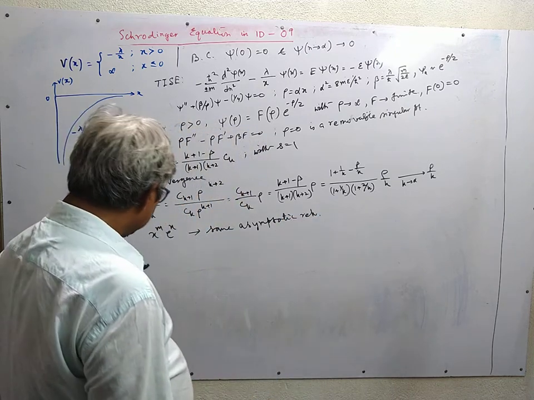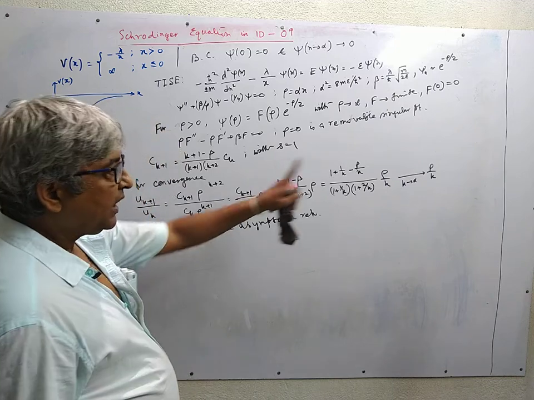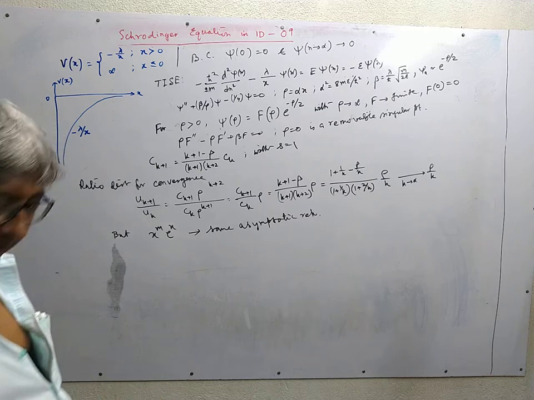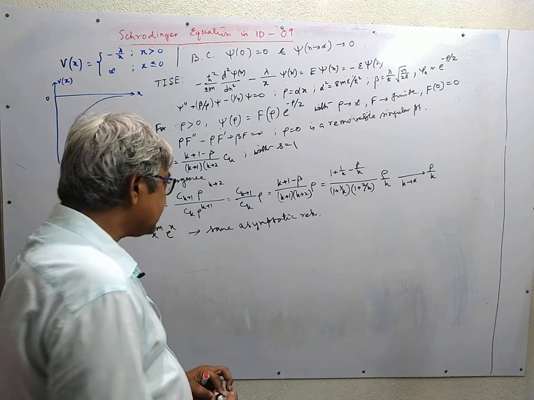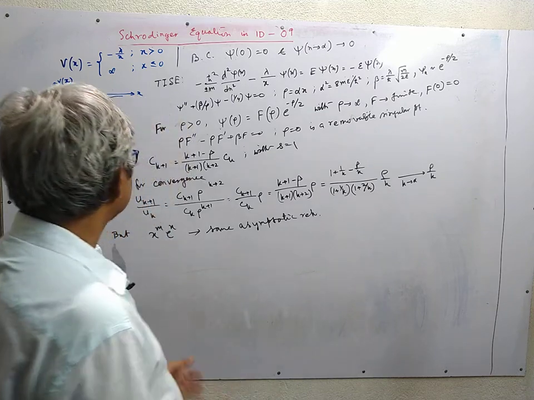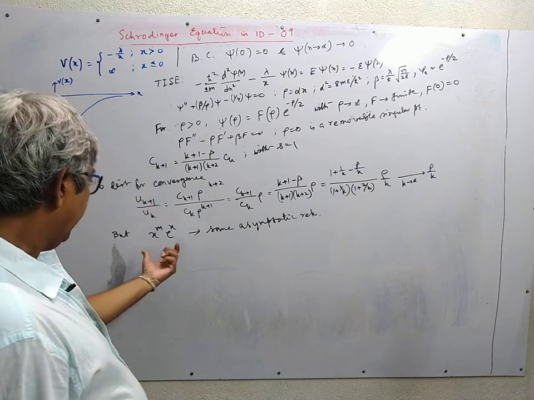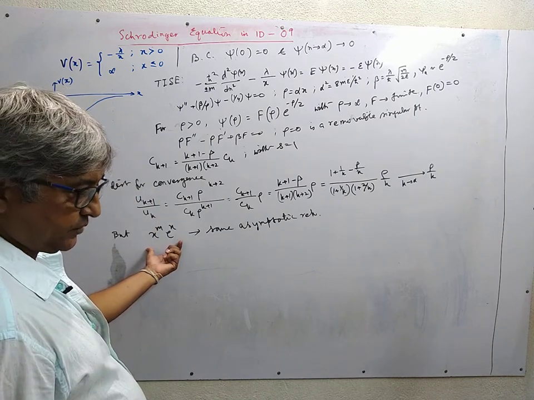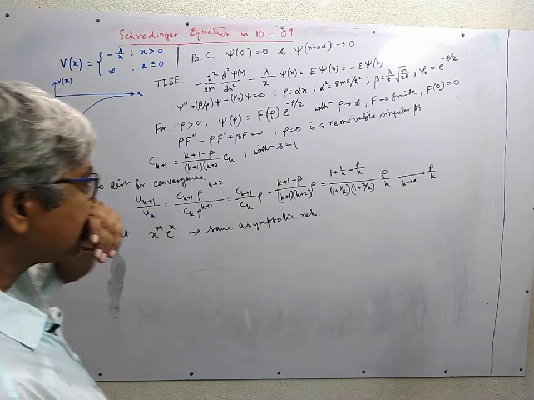That is, the two consecutive terms have the same behavior. So it is found that asymptotically the solution of this problem is similar to a non-convergent series. So the series is divergent.